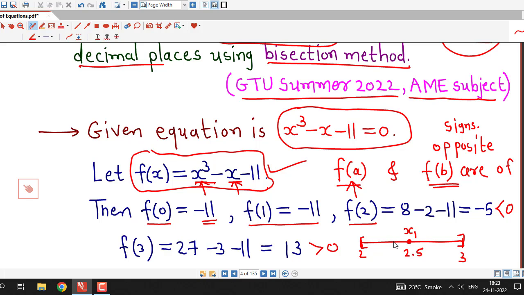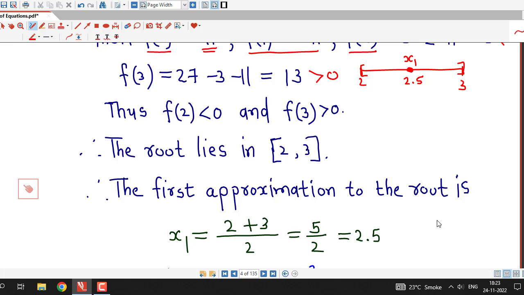We are bisecting our interval 2, 3, that means we are finding the midpoint of this interval, which is average of 2 and 3. So the first approximation is x1 equal to 2 plus 3 divided by 2, which is 2.5. Then we find out value of function at point 2.5 and we check whether it is positive or negative.